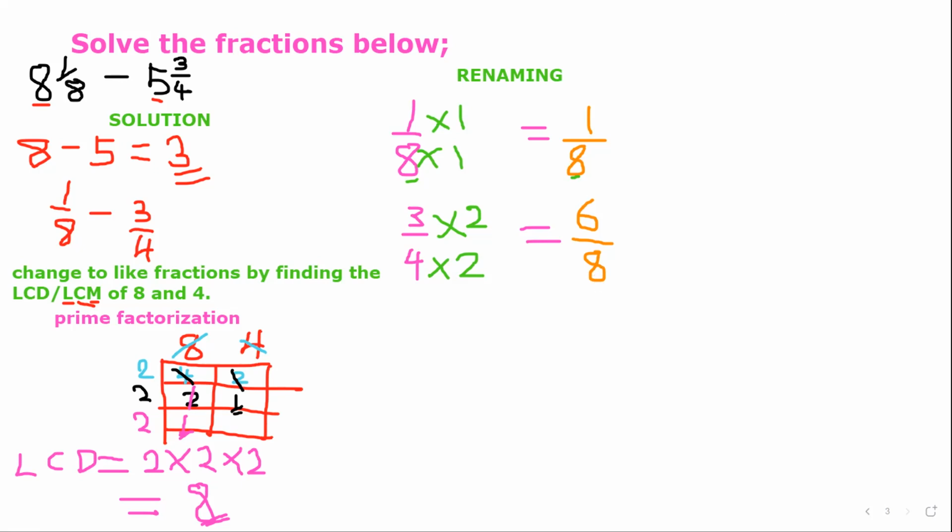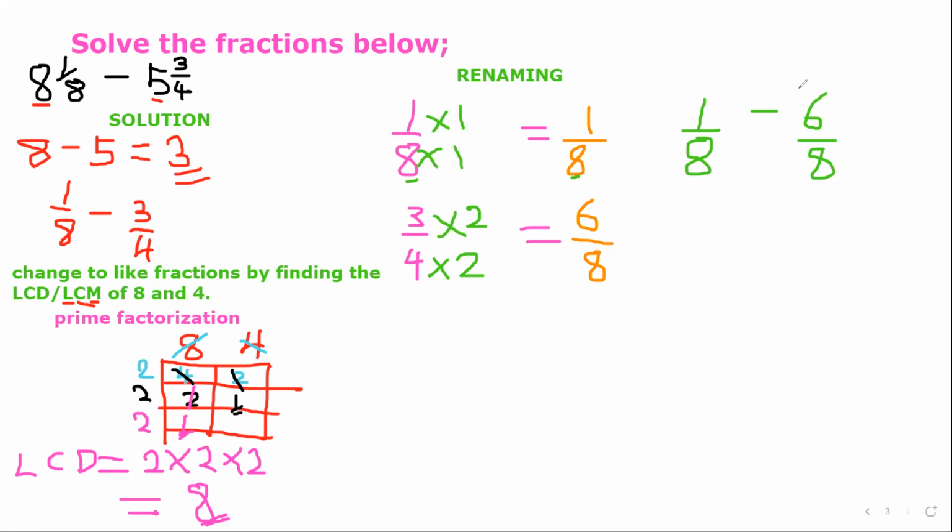Then you perform the operation where you have your 1/8 minus 6/8. Okay, good. 6/8. Then we have here is what? 8.